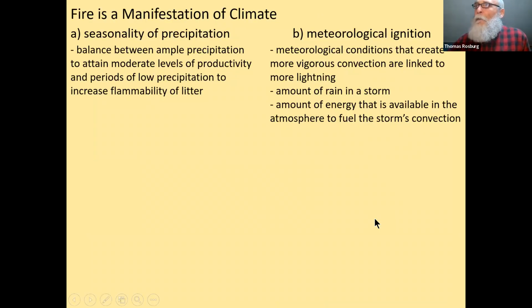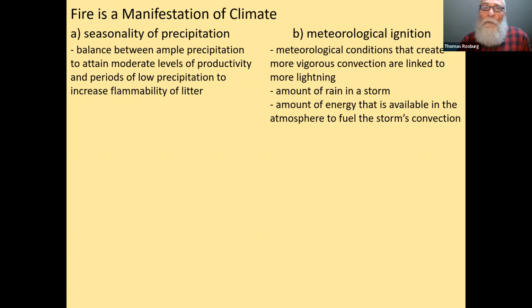When you think about fire, I think the right way to think about it is as a manifestation of climate, because it's all about climate in terms of where and when fire occurs. When I say manifestation, I'm basically saying it's an extension of climate. We can think about different climates that have a fire type of environment, a fire climate.